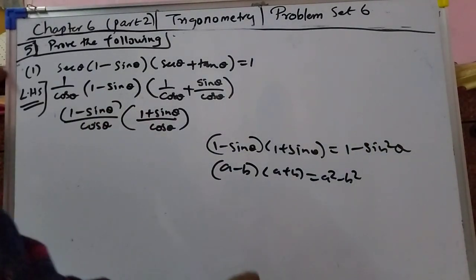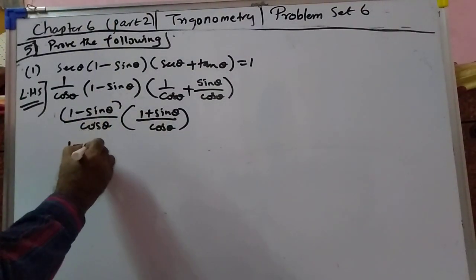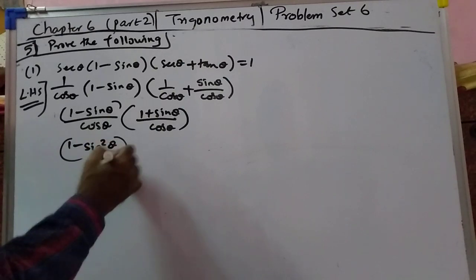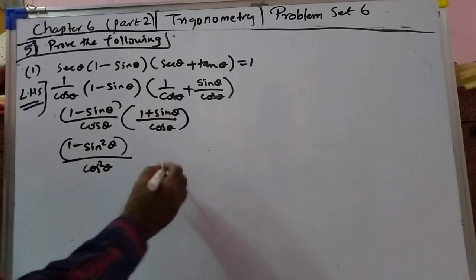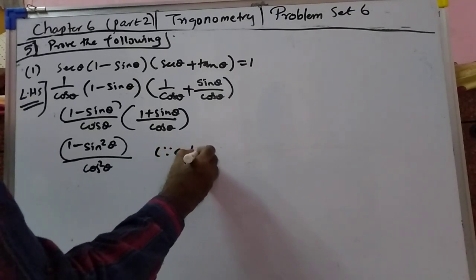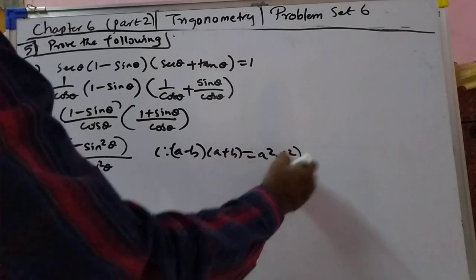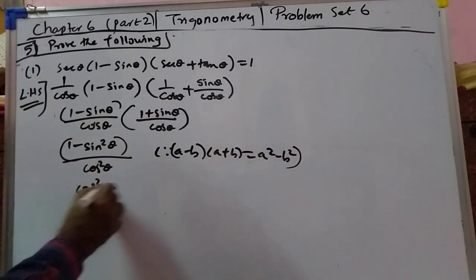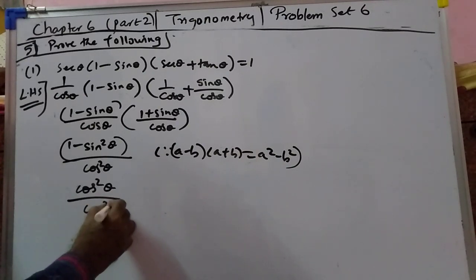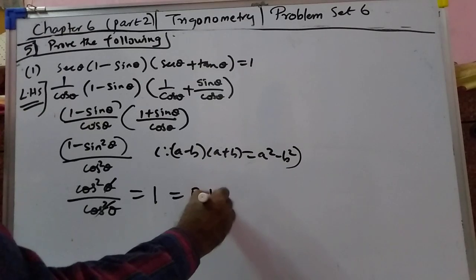So that will become 1 minus sin square theta upon cos theta into cos theta, which is cos square theta. And 1 minus sin square theta is cos square theta upon cos square theta. Cut. That is equal to 1. That is equal to the right hand side.